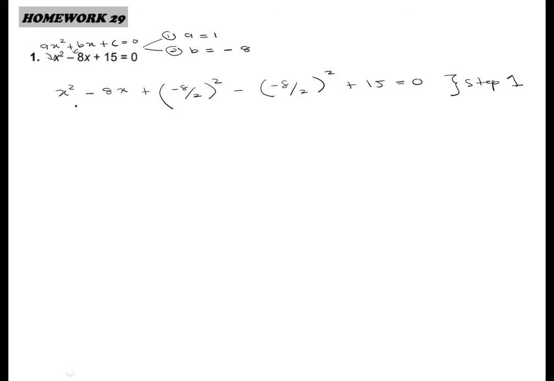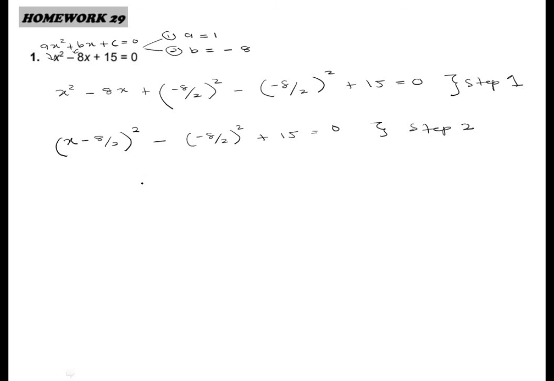As for the step 2, take x from the x square and negative 8 over 2 square. So negative 8 over 2, put in bracket, square. And then copy the rest. And that is our step 2.